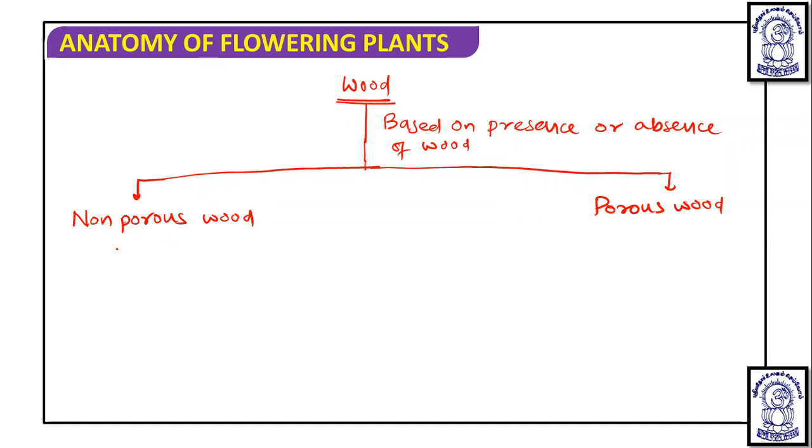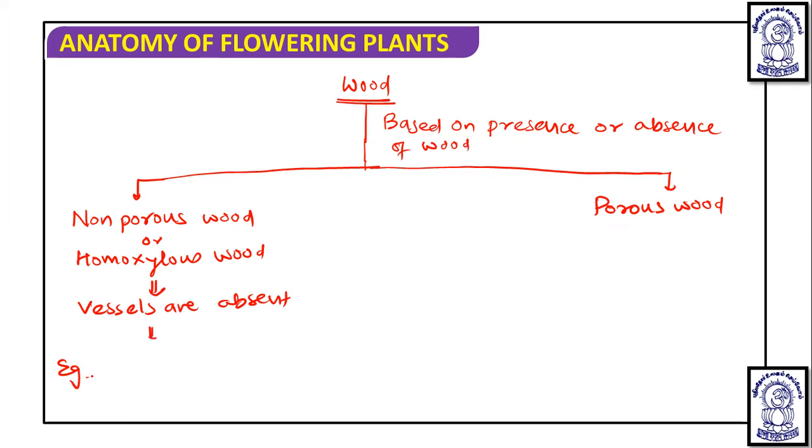If we talk about the non-porous wood, it is known as homoxylous wood. And in homoxylous wood or non-porous wood, vessels are absent. This type of non-porous wood is found mostly in gymnosperms.